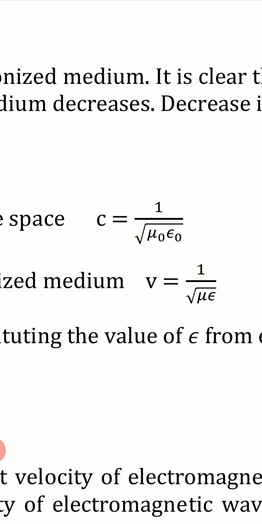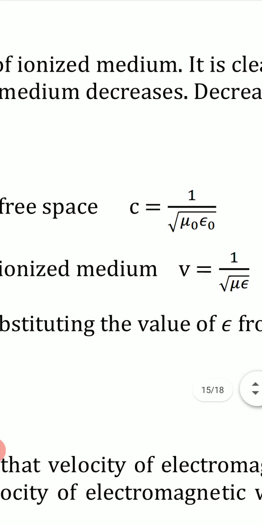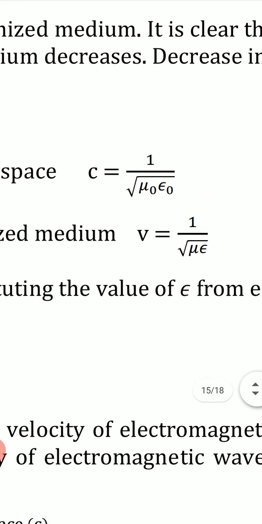For an ionized medium, this velocity becomes equal to 1 upon under root mu epsilon. So if we take free space, we write mu 0 epsilon 0. If we take an ionized medium, we write mu and epsilon. Mu 0 and epsilon 0 are constants.